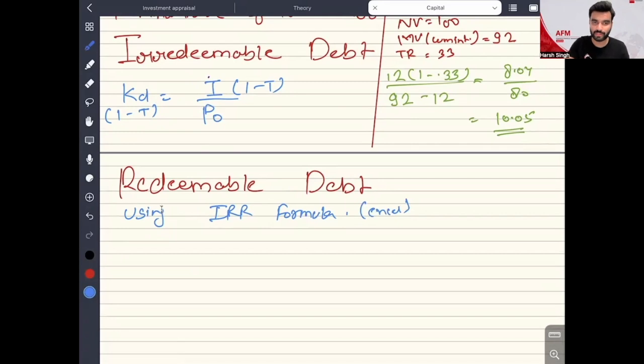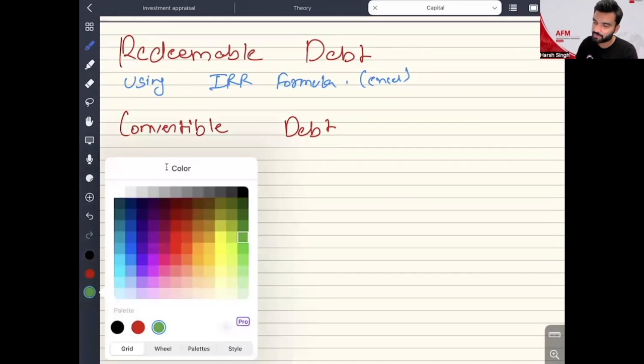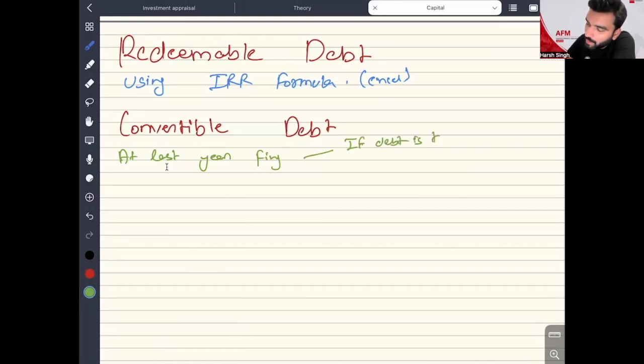Then we have one more form of debt, which is convertible debt. You have to solve for one more step, everyone. In convertible debt, at the last year, remember one thing: find out if debt is taken or if equity is taken. What do I mean? Convertible is a kind of debt that can be converted into equity at the maturity time.